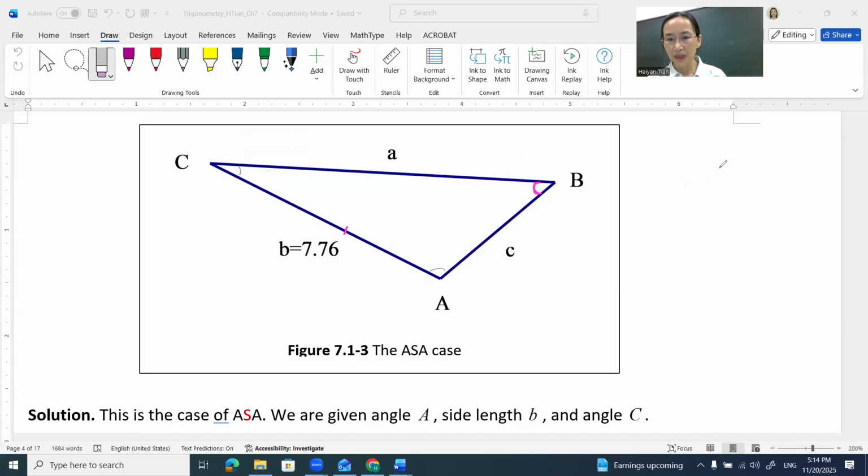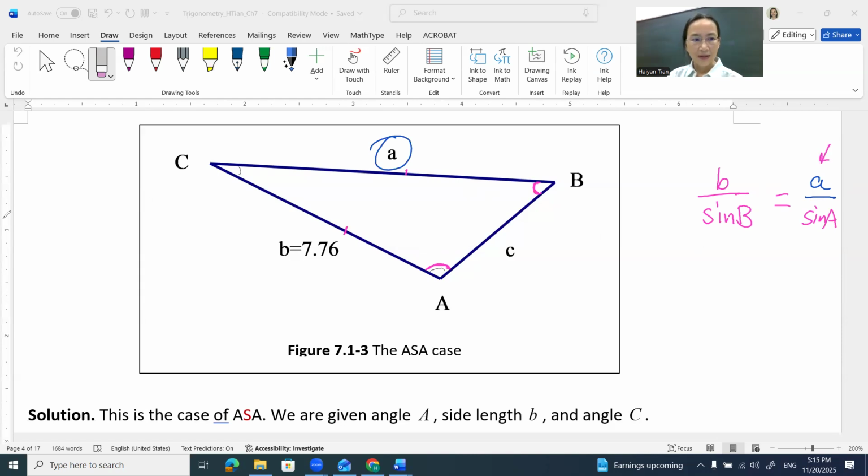So we can use b over sine B. These two are known. Then the lowercase a is not yet known, but capital A is found. So a is to be solved: a over sine capital A. I'm going to use the pink this time to indicate whatever we are solving for.